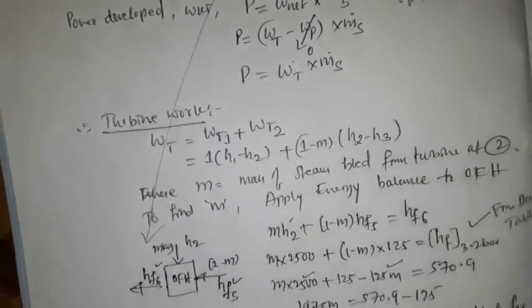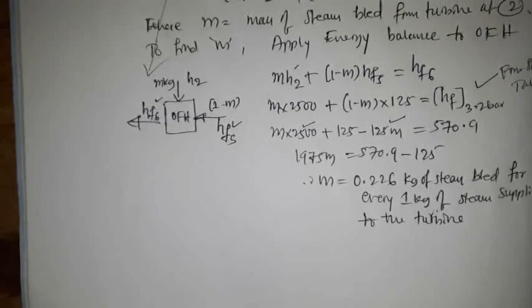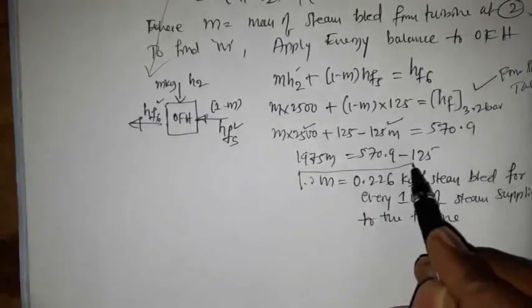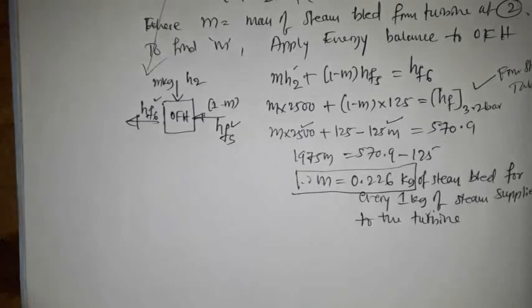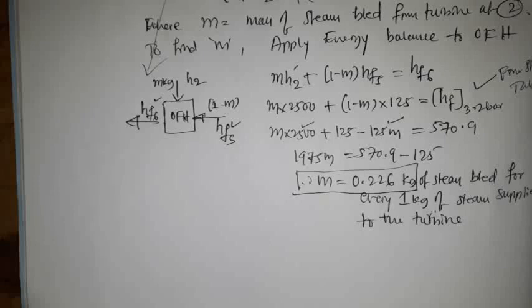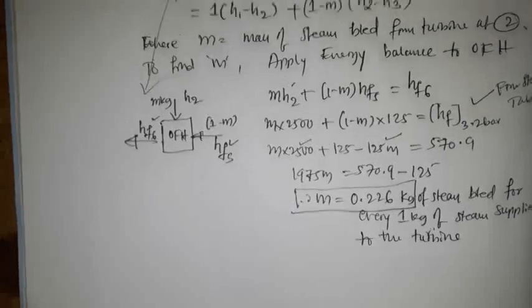So here we are able to calculate the value of M, that is the mass of steam bled for every 1 kg of steam that we have supplied. Now the steam supplied to the steam turbine per hour we need to calculate, that is the mass flow rate of the steam.